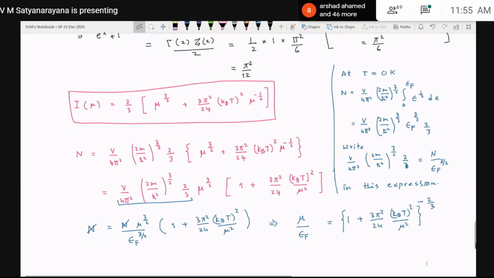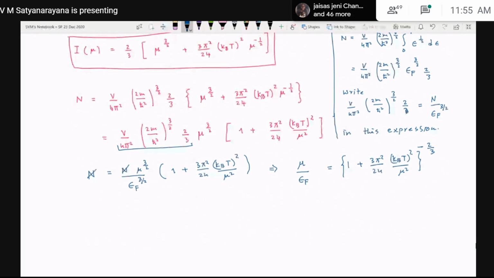Now you can write this as mu by epsilon f is equal to, now this is like a correction term. At temperature T equal to 0, mu is exactly equal to epsilon f. That means the first term is there.